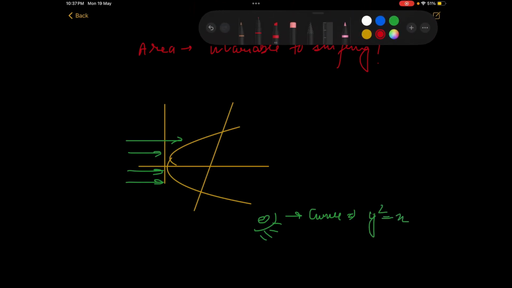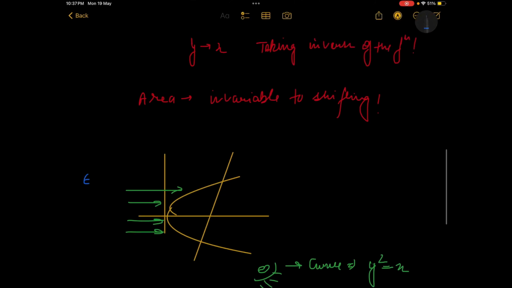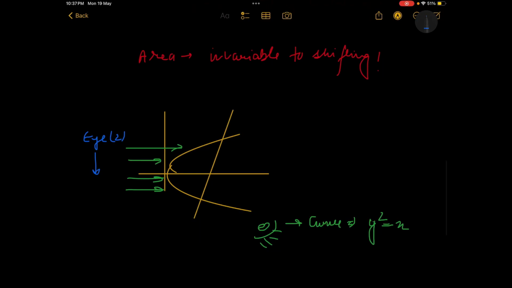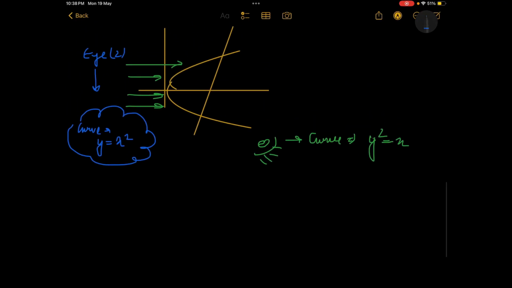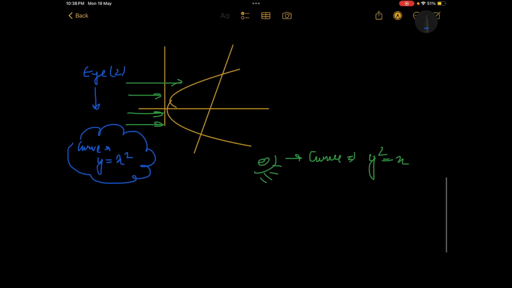But for this eye, I2, the curve is nothing else, y is equal to x squared. So now it will be more convenient for us to solve in the frame of I2, as we could easily solve for a quadratic and a linear expression for their area.